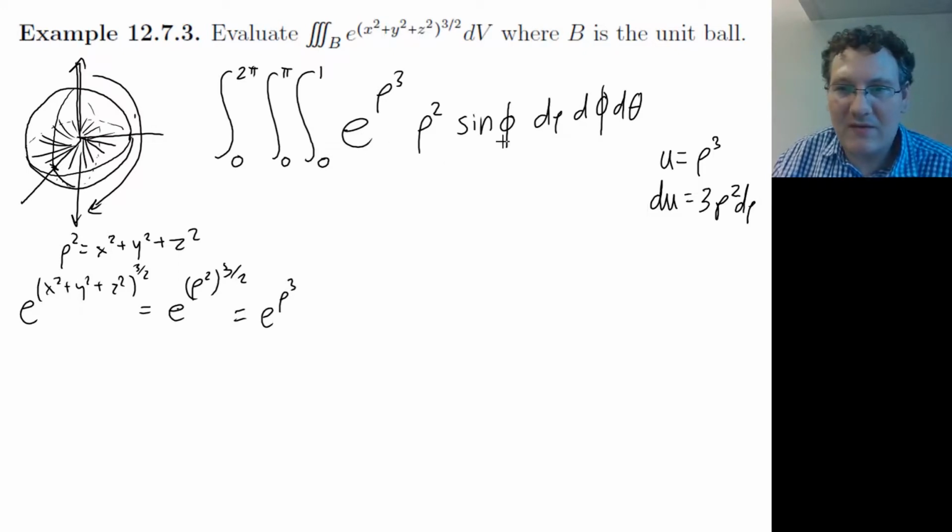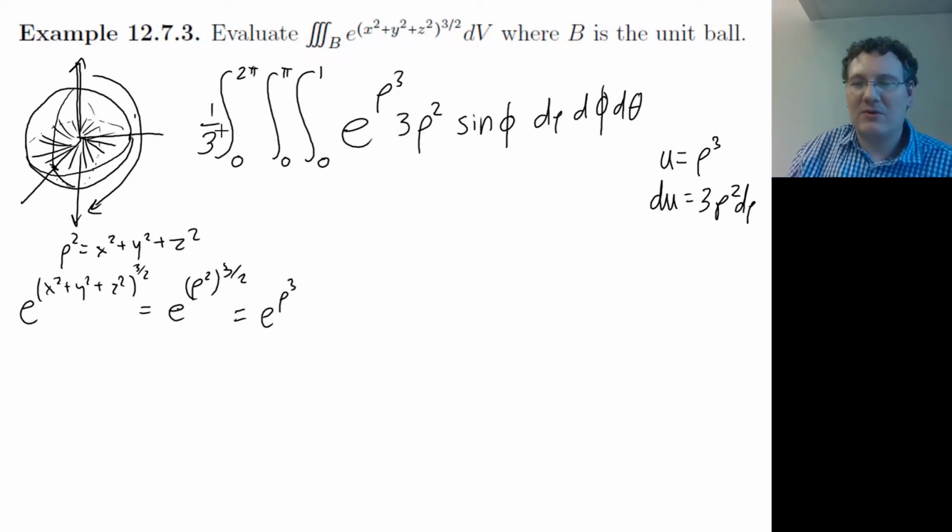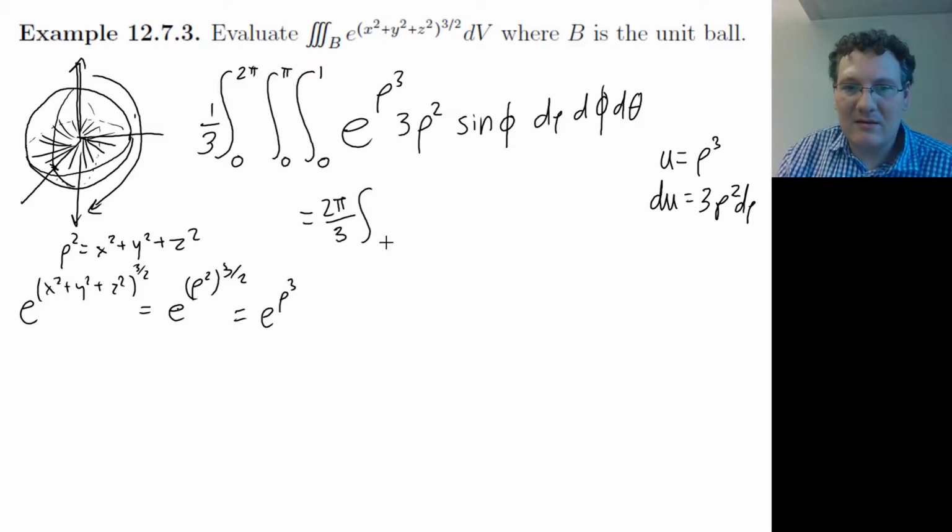I'm going to have to introduce a 3 here, but I have to put a 1/3 out front in order to keep things balanced. And my integral, because there's no theta, I can take care of the theta right away. So I can write 2 pi over 3, and I'm still going to go from 0 to pi.